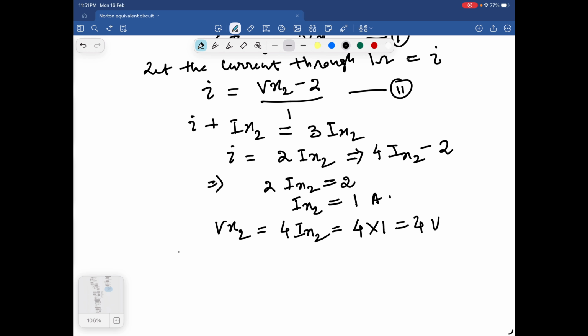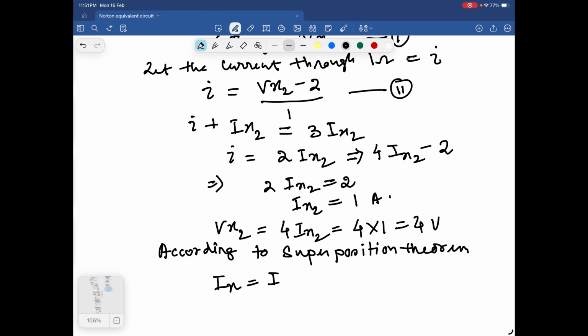So according to the superposition theorem, Ix is equal to Ix1 plus Ix2, which is minus half plus 1, so this is half ampere.